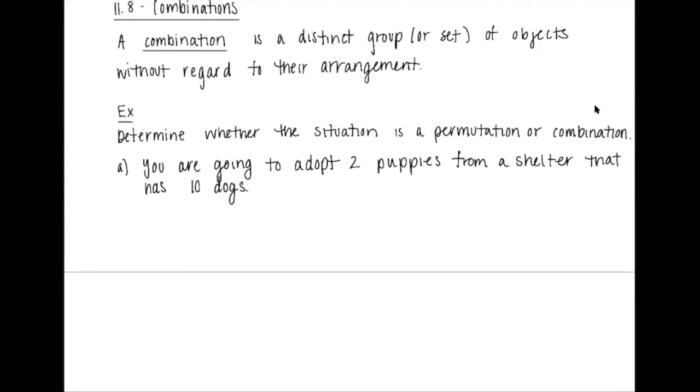So the order that I match the dogs makes no difference. If I adopt this dog and this dog, it's the same as if I reverse the two. So I get the shepherd, I get the lab. Same thing as getting the lab first, then the shepherd. So here, the order doesn't matter. So this is a combination.